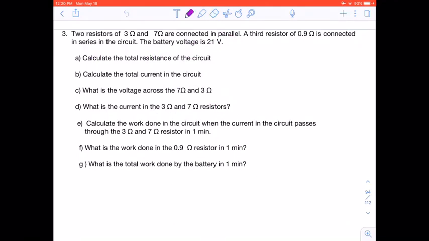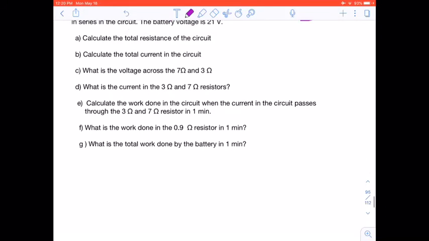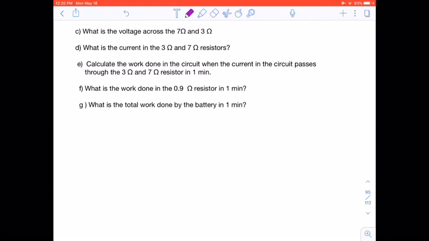Now let's look at the same two resistors. They are connected in parallel, and then we have an additional resistor that has a 0.9 ohm resistance. So let's say, for instance, I have that, and we know that's 21 volts.